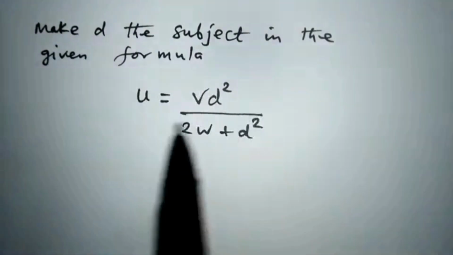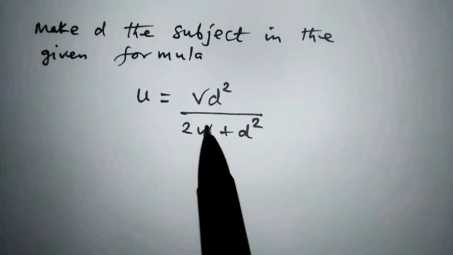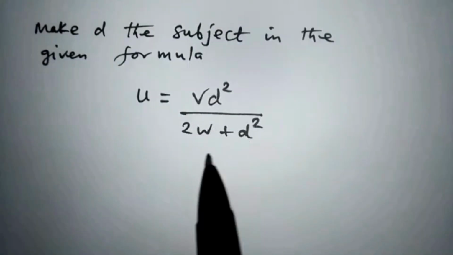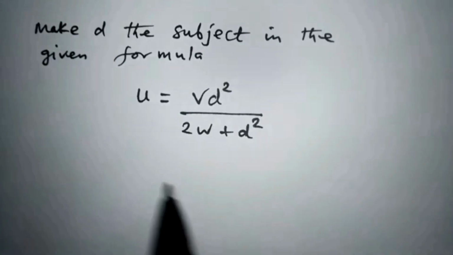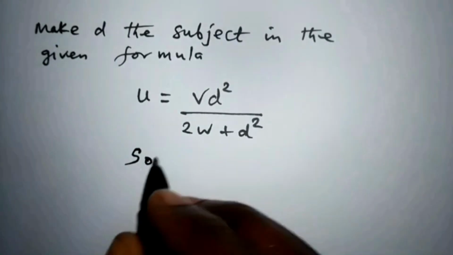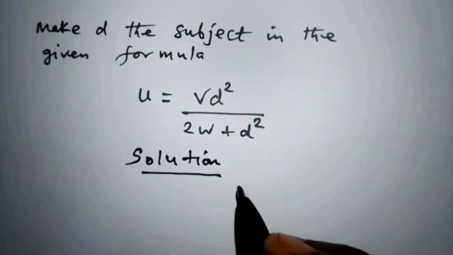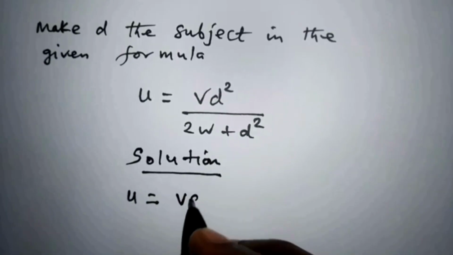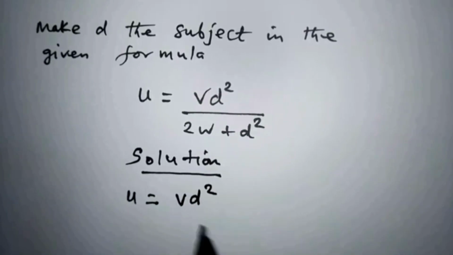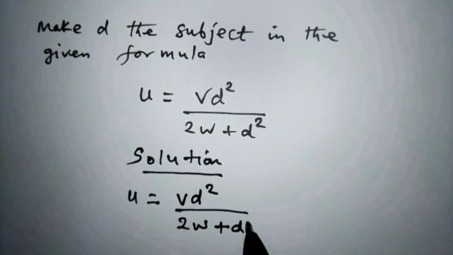Make D the subject in the given formula. U equals V D squared all over 2W plus D squared. We are given U equals V D squared over 2W plus D squared.